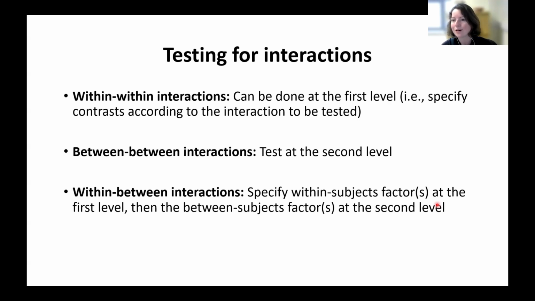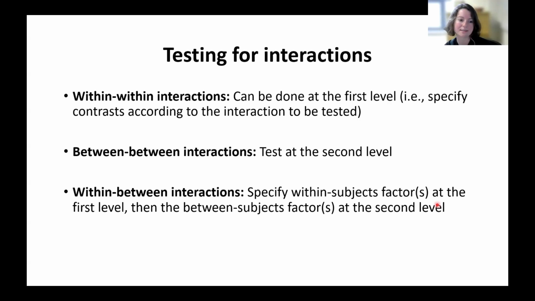So for example, is there a bigger difference between seeing faces versus objects in people with and without prosopagnosia? And in that case, you specify the within subject difference, so the difference between faces and objects at the subject level. And then you do the between subject comparison at the second level as a two-sample t-test.